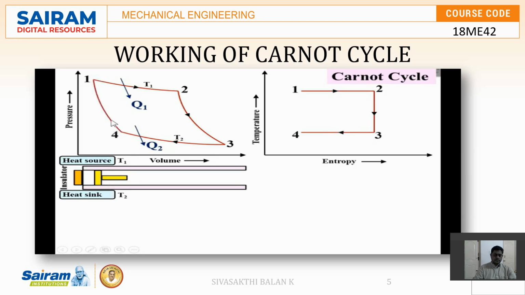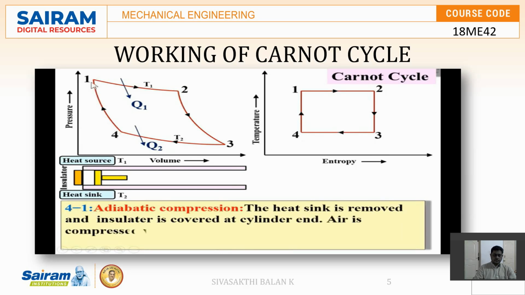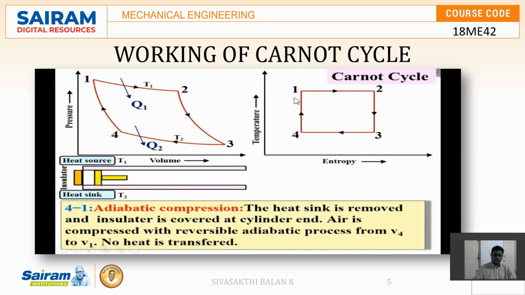So that process is represented by 4-1 on the PV diagram and on the TS diagram. So 4-1 is the adiabatic compression. Here you can see the volume is decreased, that's why it is compression. During that, entropy is constant, that's why it is called the adiabatic process.